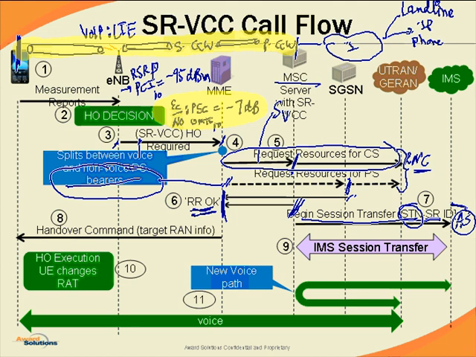Because the IMS network, our application server, may have thousands and thousands of UEs engaged in voice or IP calls. So IMS needs to know which of those calls we are transferring. That is the reason we have to include this kind of identity. And then IMS will work with MSC to transfer the session. So now the call control signaling is taken care of as far as the handover is concerned.